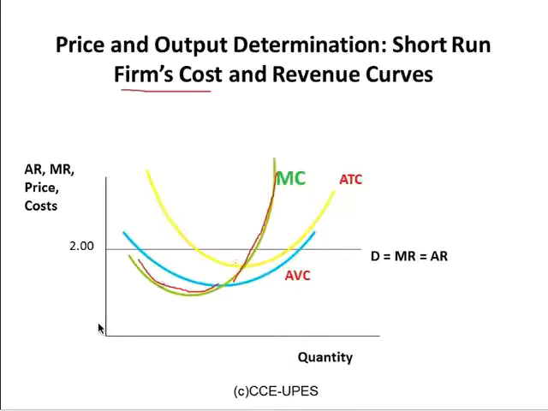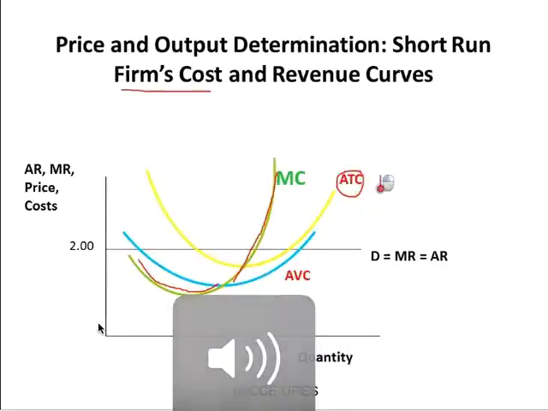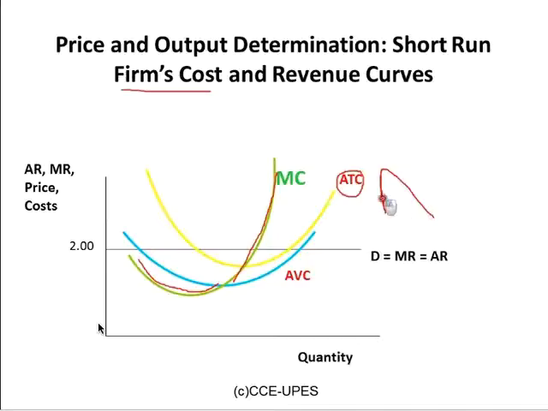We will discuss the particular relation of the marginal cost and the average cost. Now here, this is called average total cost, or the average cost itself, that is AC. As I explained earlier, we call it average total cost because it's a combination of average variable cost and average fixed cost. Now, the fixed cost will keep on becoming less and less as more and more is produced.